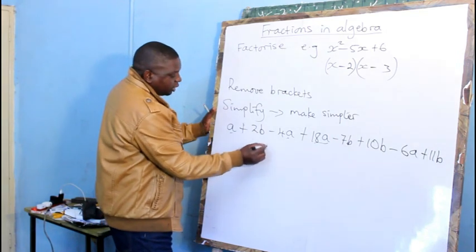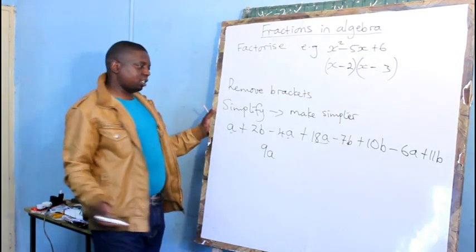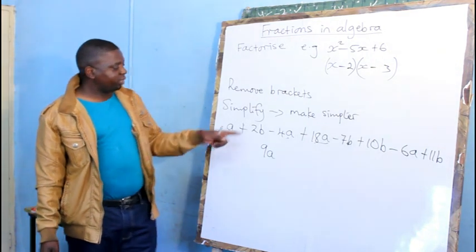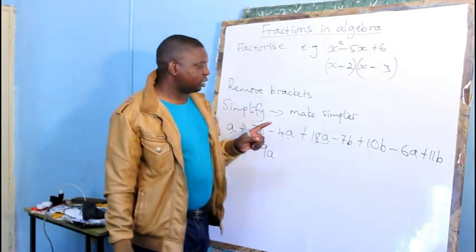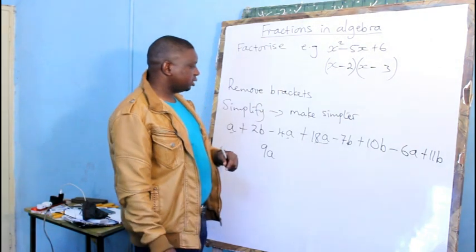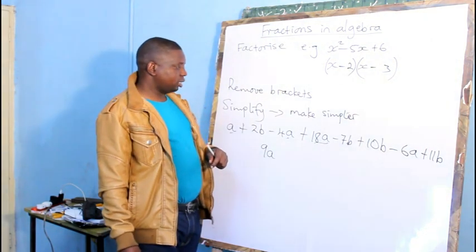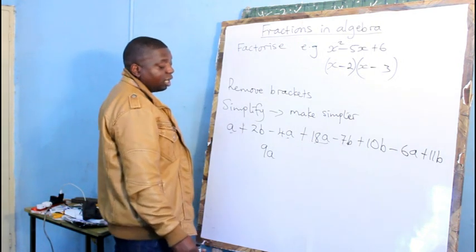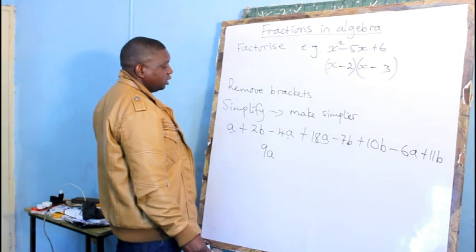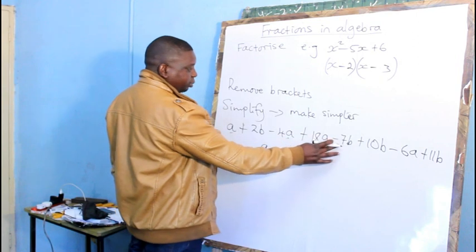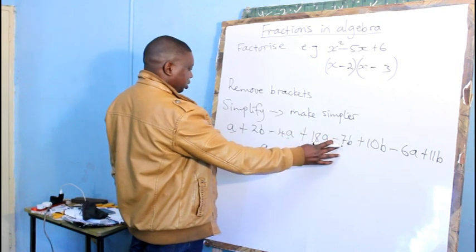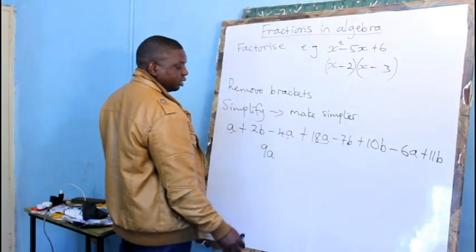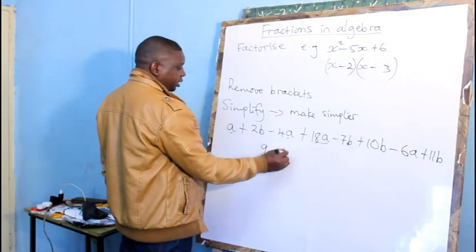For b, the positives: 2b plus 11b, 13b, plus 10b, 23b, minus 7b, 16b.